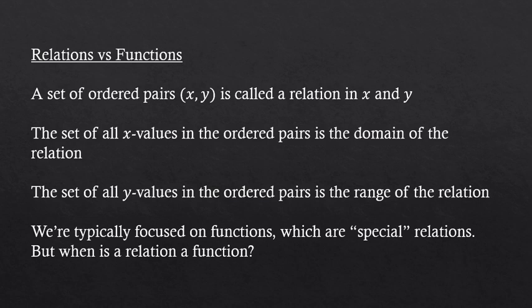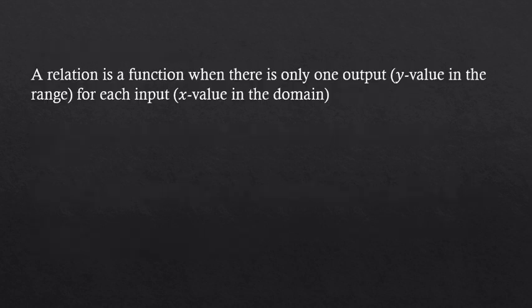For what we'll be doing in this course, we're going to be focused for the most part on functions, which are just special relations. But the key question is, when is a relation a function? A relation is a function when there is only one output or y value in the range for each input or x value in the domain.